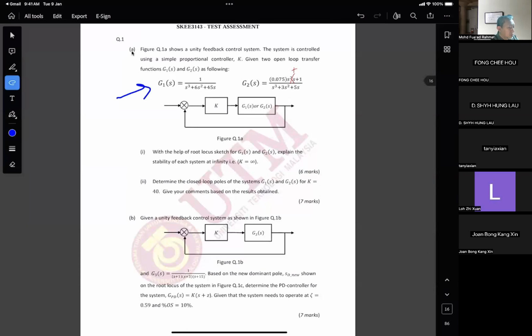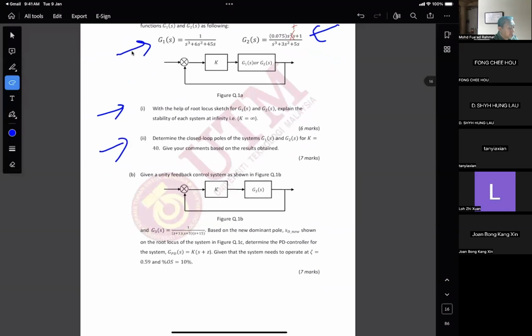G2(s) is equal to 0.075s squared plus s plus 1 over s cubed plus 3s squared plus 5s. With the help of root locus sketch for G1(s) and G2(s), explain the stability of each system at K equal to infinity. Determine the closed loop poles of the systems G1(s) and G2(s) for K equals 40. Give your comments based on the results obtained.